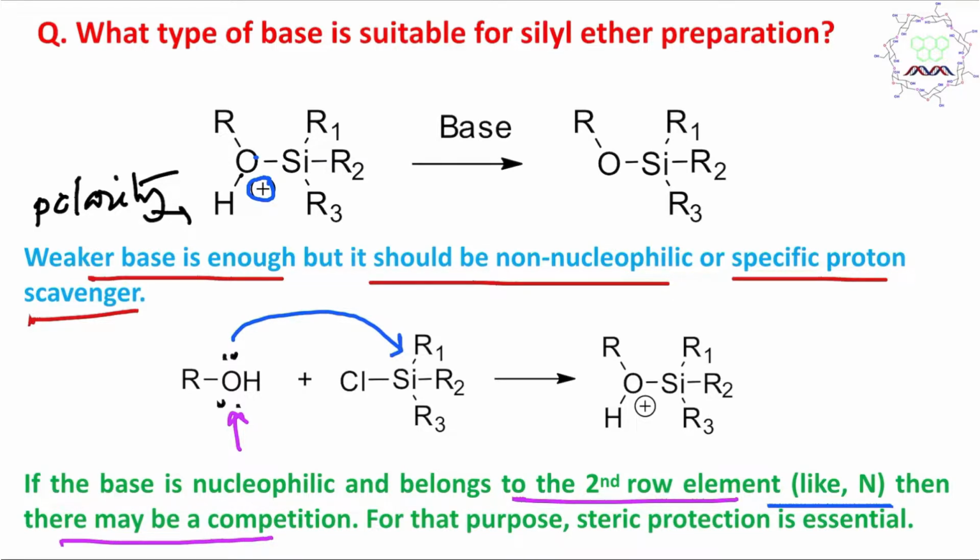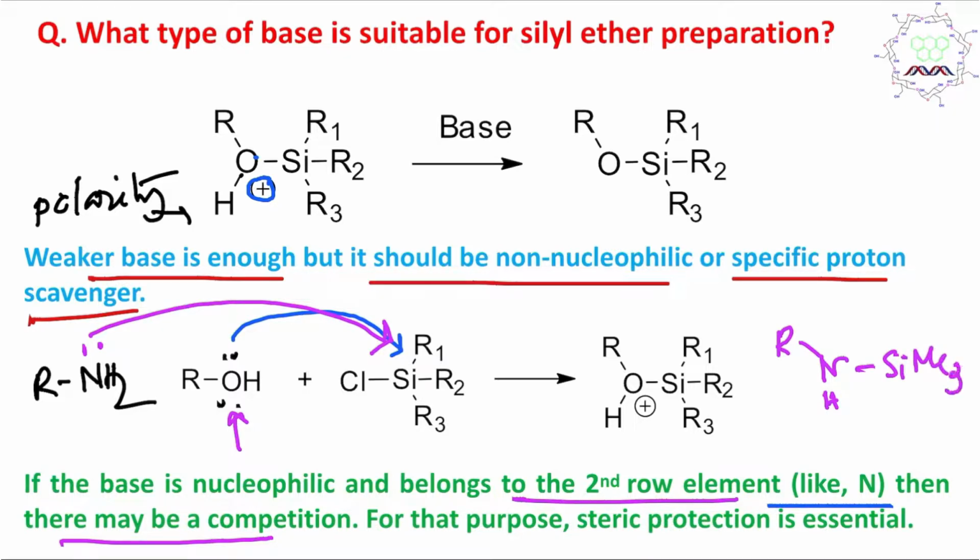For example, if you take an amine, RNH2, then like this lone pair of oxygen, this nitrogen lone pair can also attack and do the same job, and ultimately it can result in RNH SiMe3.